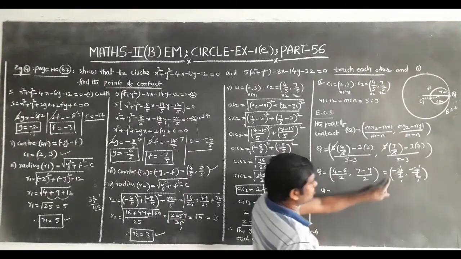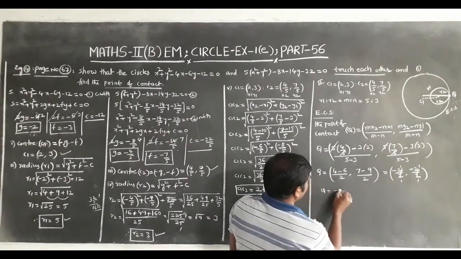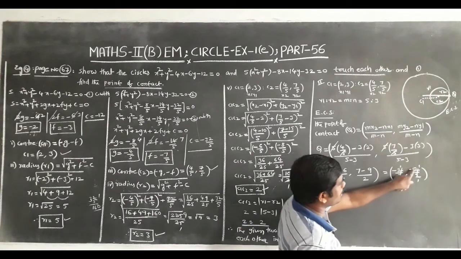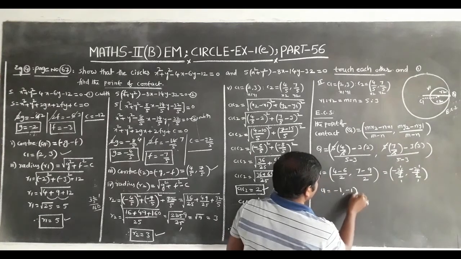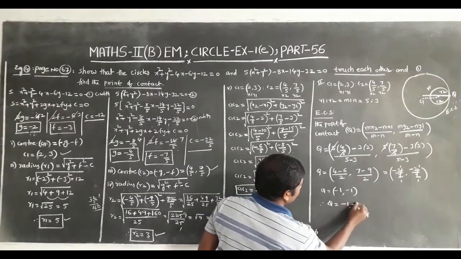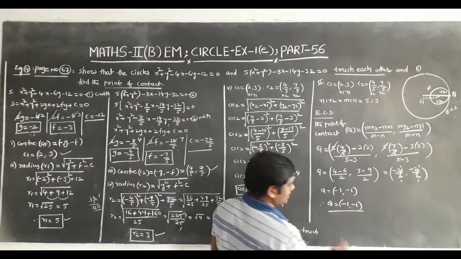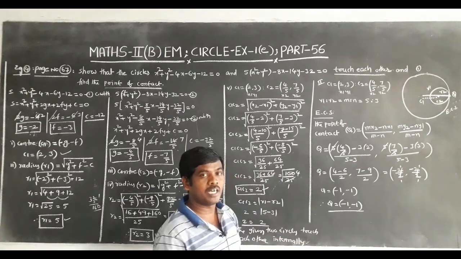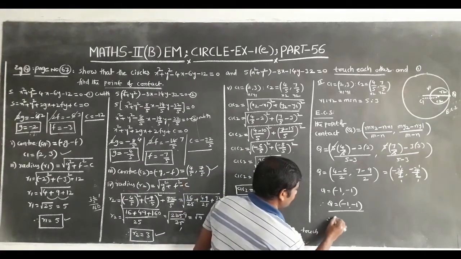Q is equal to (minus 1, minus 1). Therefore, Q is equal to minus 1 comma minus 1. This is the point of contact.